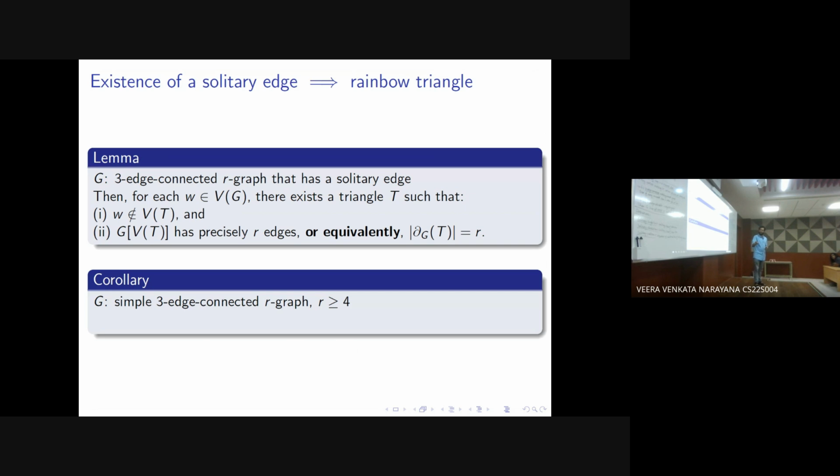We'll get a consequence. If we take any 3-edge-connected simple r-graph where r is at least 4, then each edge belongs to at least 2 perfect matchings. Let's take a moment and see why this is an immediate consequence of this.